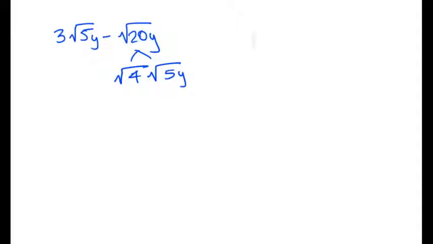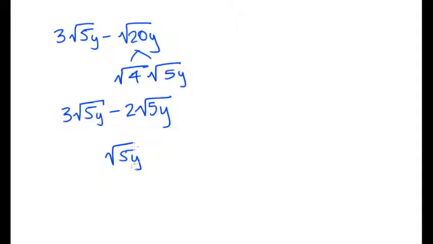Because we need to subtract 5y's, right? 5y is going to be our common radical that we need to subtract from. So if we separate 20y into 4 and 5y, this subtraction problem now becomes subtractable because it becomes 3 rad 5y minus 2, because the square root of 4 is 2, times rad 5y. And now the answer, as you can see, simply becomes rad 5y.